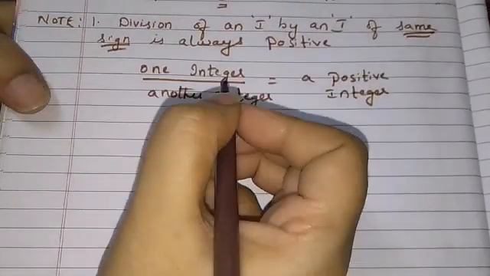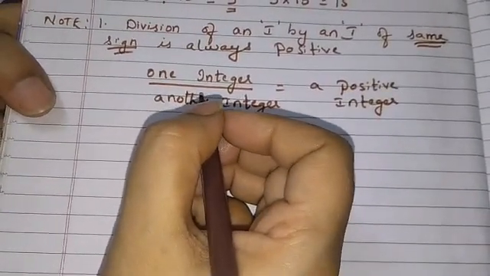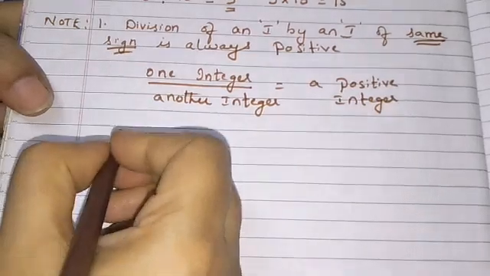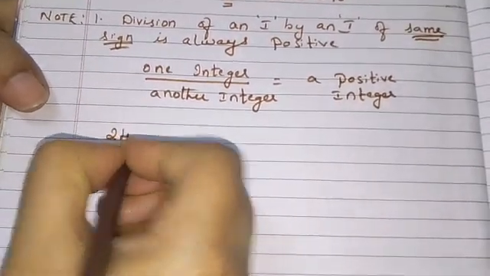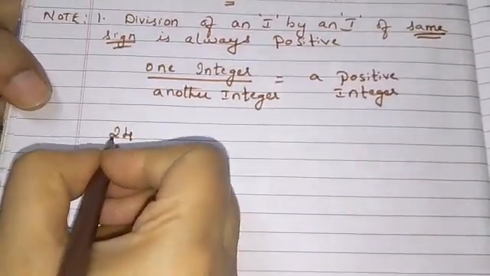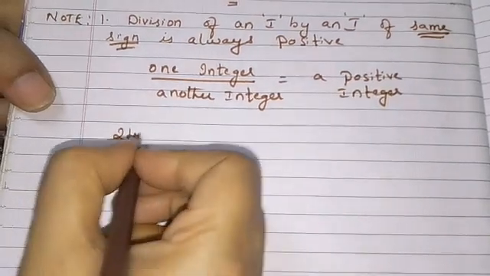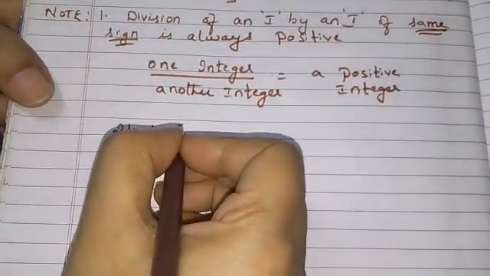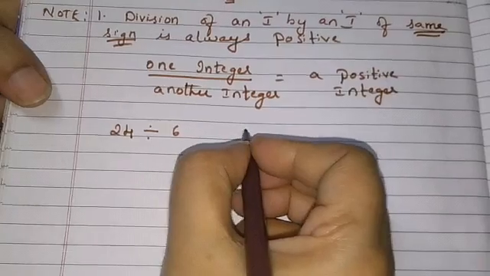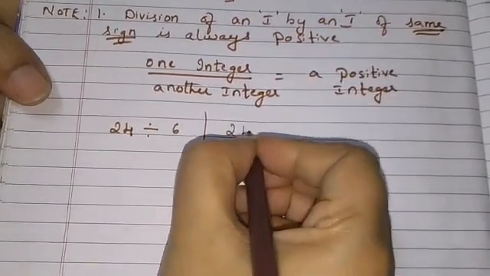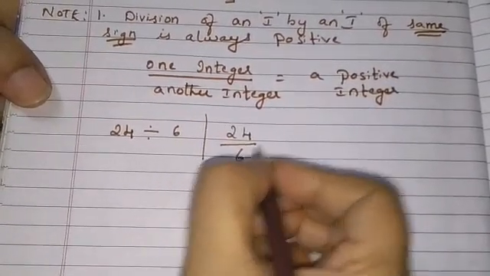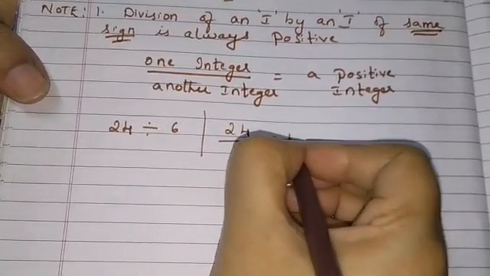Let me show you this with an example. Let me take 24, the first integer, and divide 24 by 6. So 24 divided by 6 gives me 4.